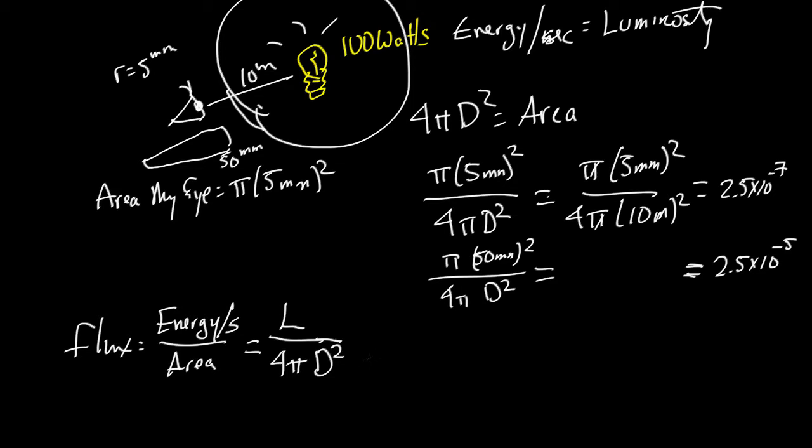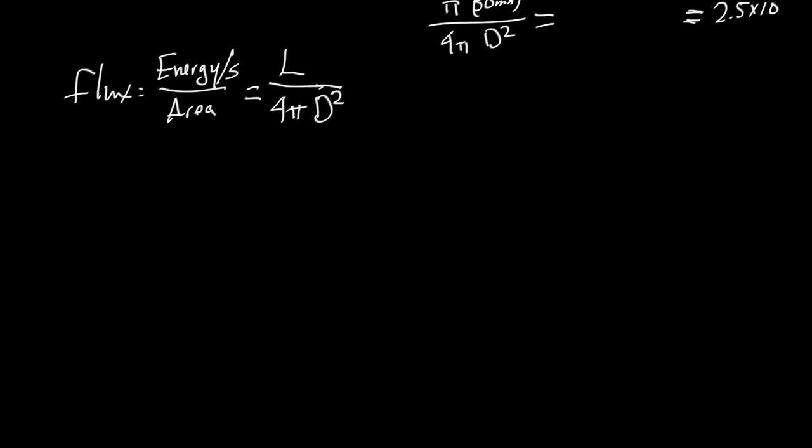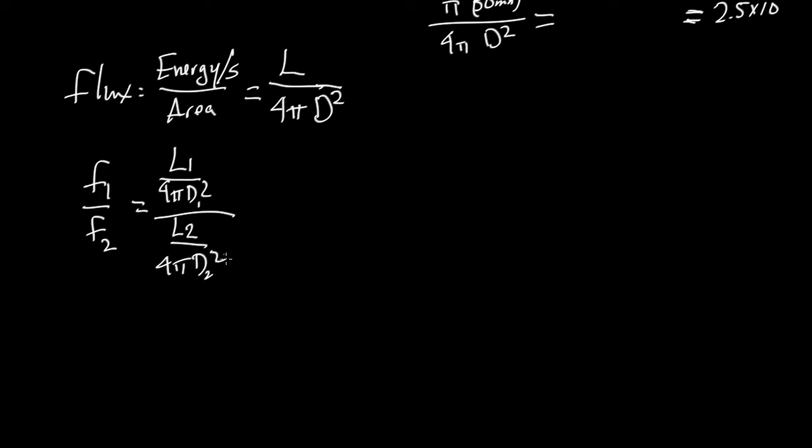Now, I can go through and imagine I want to know how bright a light bulb appears depending on how far away it is. If I want to know what the ratio of fluxes is between a light bulb at one distance and another, then I just take this equation in the first observation, so L1 divided by 4 pi d1 squared, that whole thing divided by L2 divided by 4 pi d2 squared.